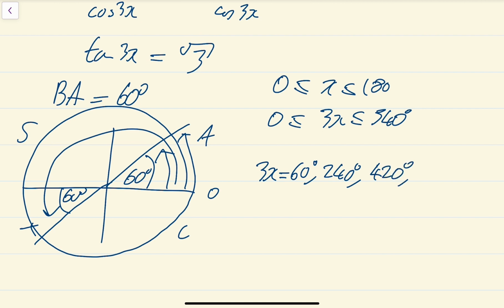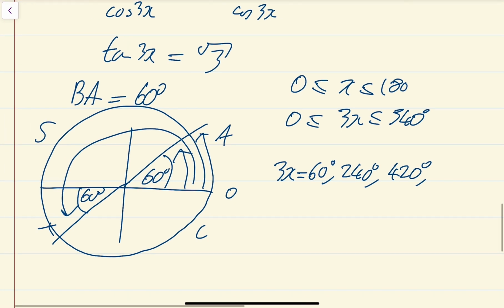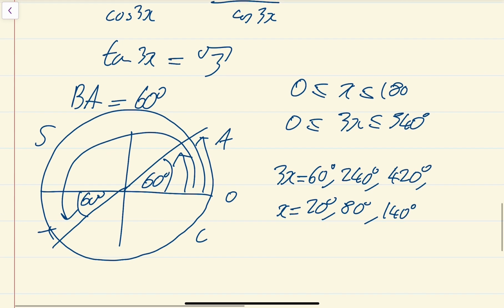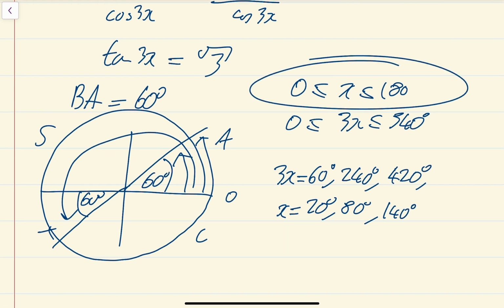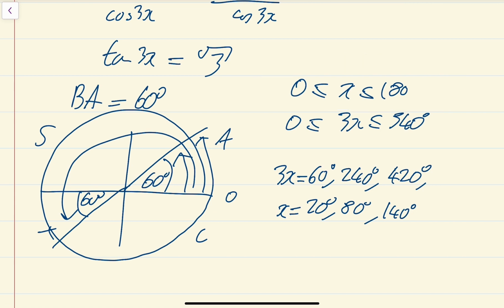And then this would be 180 plus 360. This is now 540. That's as far as we need to go. And then divide them all by 3. You'll get 20 degrees. You'll get 80 degrees. And the 420 divided by 3 is 140 degrees. And notice these are all within the original range. So to me it looks pretty good. I think I've done that one correctly.